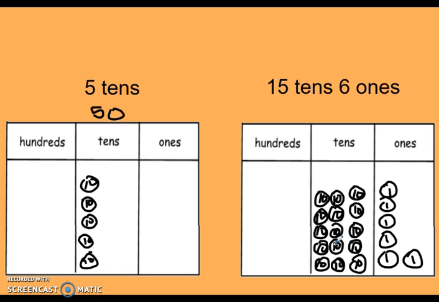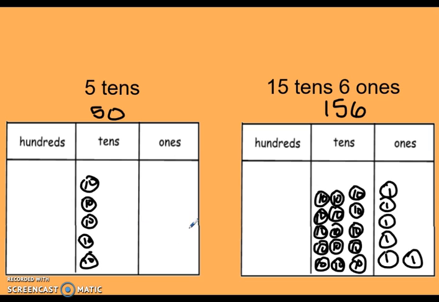So let's take a look at what our number is. So 15 tens and 6 ones is 10, 20, 30, 40, 50, 60, 70, 80, 90, 100, 110, 120, 130, 140, 150, 151, 152, 153, 154, 155, 156.